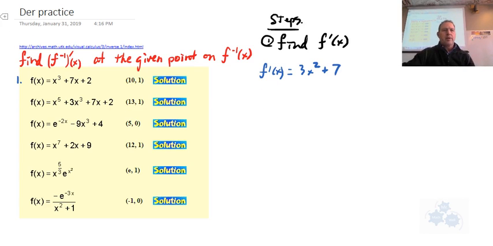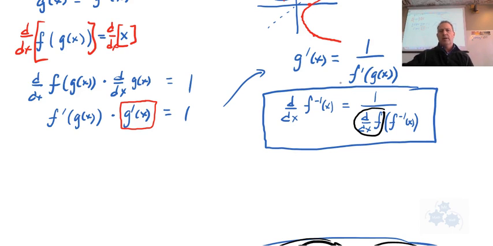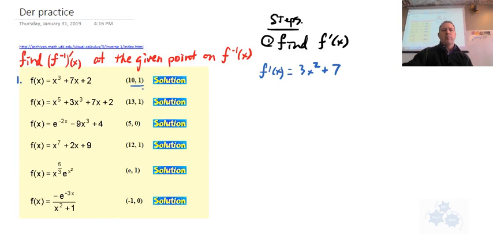Let's go back to our friend again. What else do I need? I now need to put a value into this derivative. Remember we said that this is like f of y, not f of x. This is a point on the inverse function, so this is like x and y for the original function.